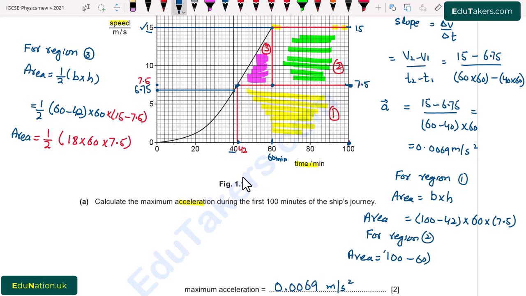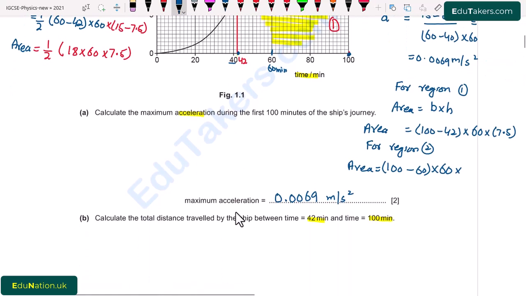And to convert this minute into second, multiply it with 60. And height is 15 minus 7.5. So 15 minus 7.5. It is almost equal to 7.5. And it comes to be 40 multiplied by 60 multiplied by 7.5.